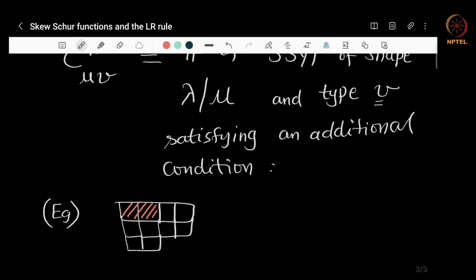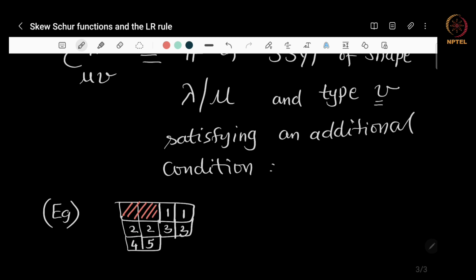So I start filling it with 1s, 2s, 3s, satisfying the semi-standardness condition, which is I can put 1s and 2s, etc., in various places such that they are weakly increasing. So maybe I'll put 3, 4, 5.